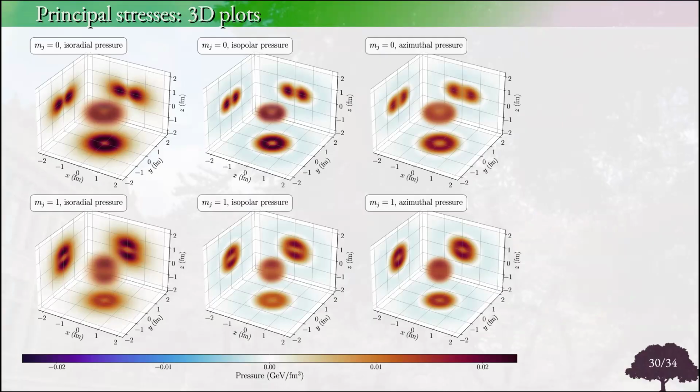These are what the isoradial, isopolar, and azimuthal, because azimuthal is already diagonalized, pressures look like. Compressive for isoradial, tensile further out for the two tangential pressures, as you would expect for diffuse surface tension, and the shapes follow the mass density of the deuteron.